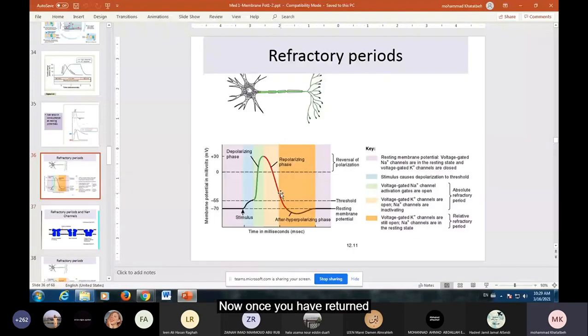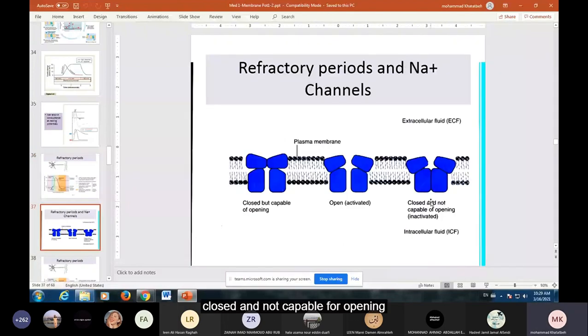Now, once you have returned toward the resting potential, even to a more negative potential, which is the after-hyperpolarization phase, there is more transformation of these channels from closed and not capable of opening to closed and capable of opening.